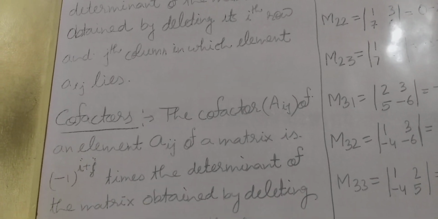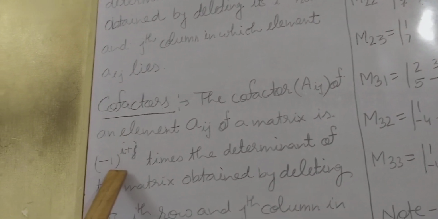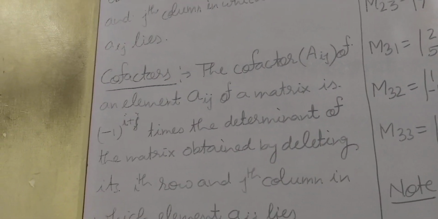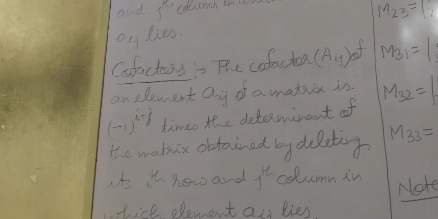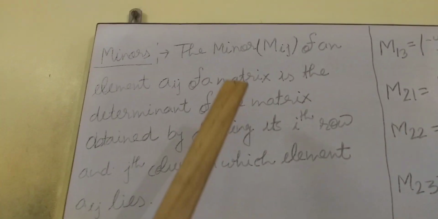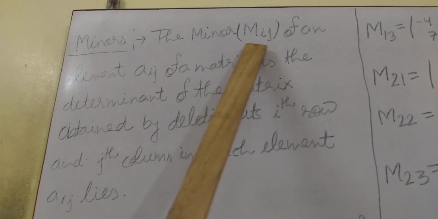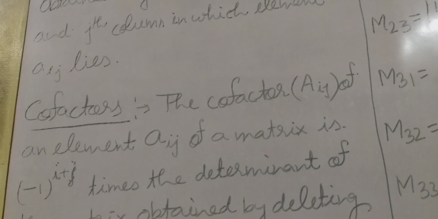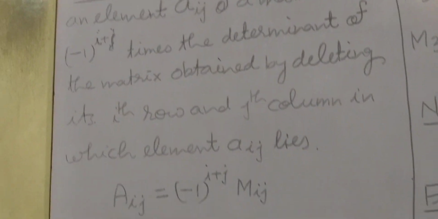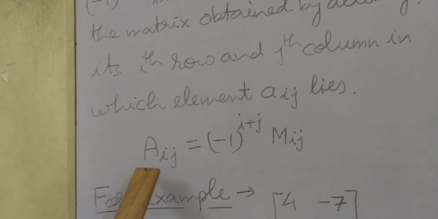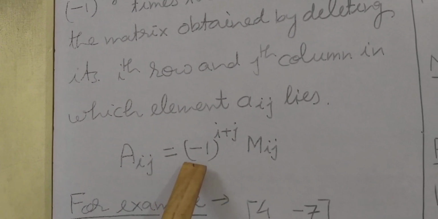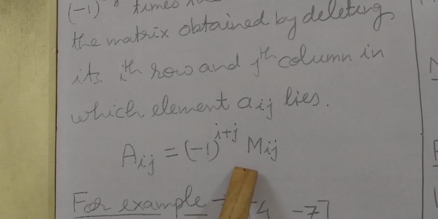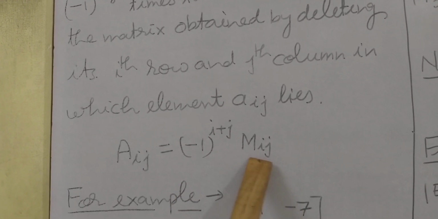Or in the definition of cofactor, (-1) to the power i plus j times the determinant of the matrix. This is the difference, students. Minor is represented by Mij and cofactor is represented by Aij. So we can say cofactor is (-1) to the power i plus j times the minor.